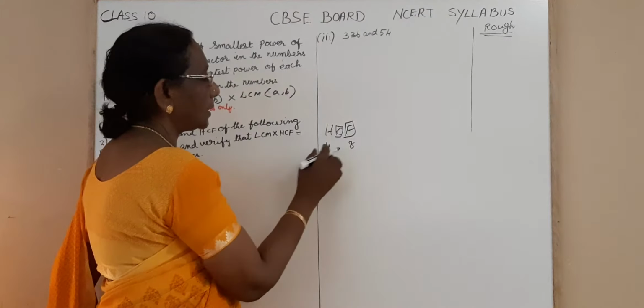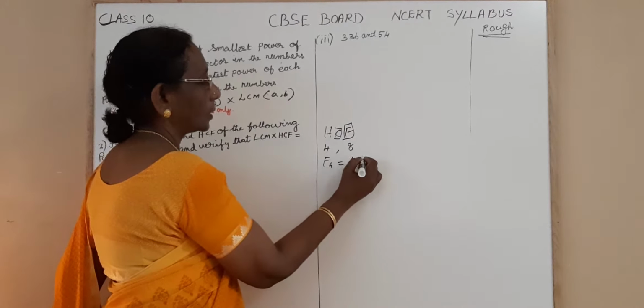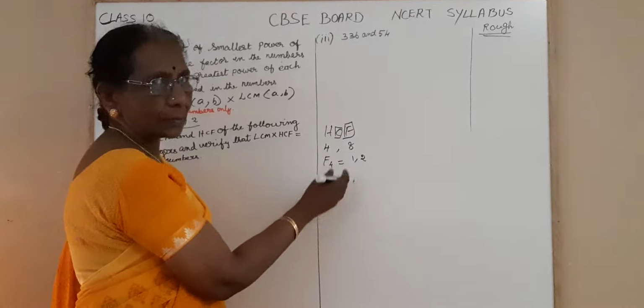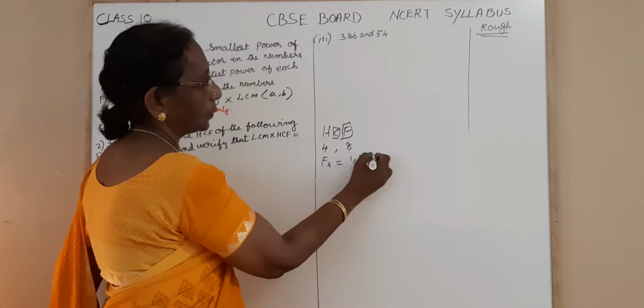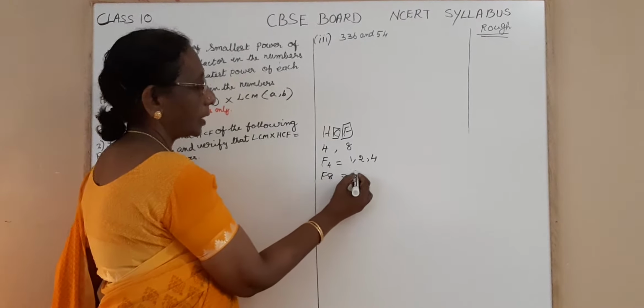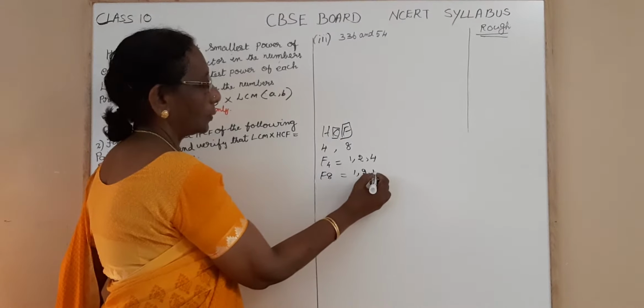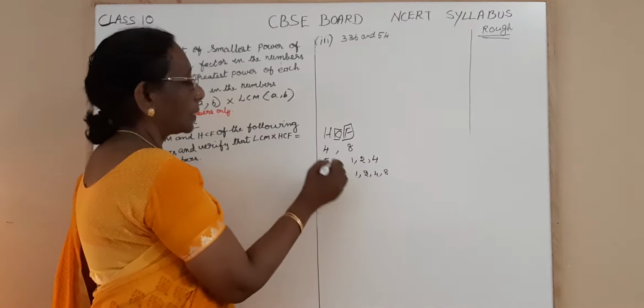Let us write the factors of 4. We are not writing the prime factors, we are just writing the factors of the number 4: 1, 2, 4. And the factors of 8: 1, 2, 4, 8.